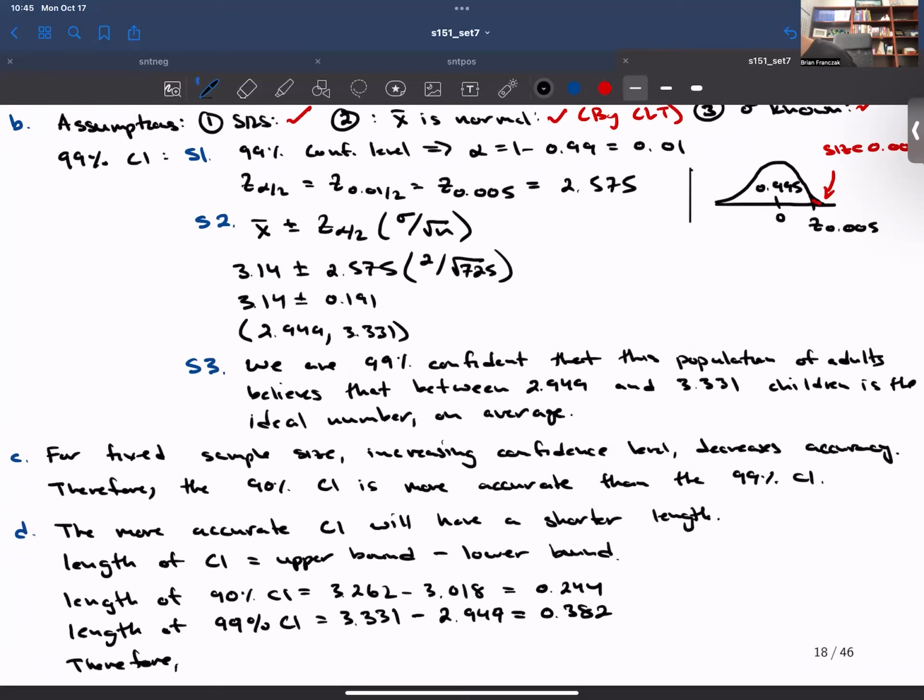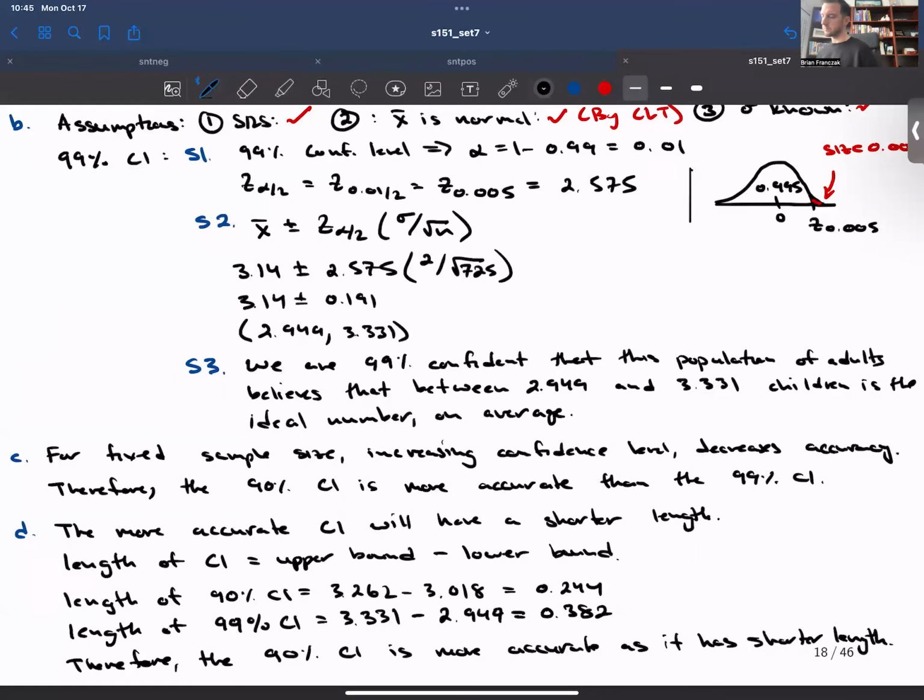Therefore, the 90% CI is more accurate as it has shorter length.